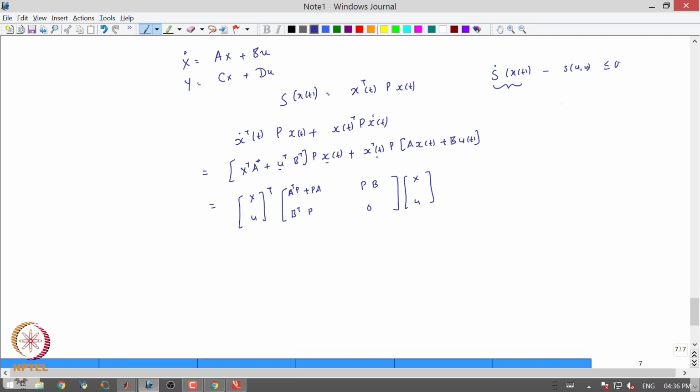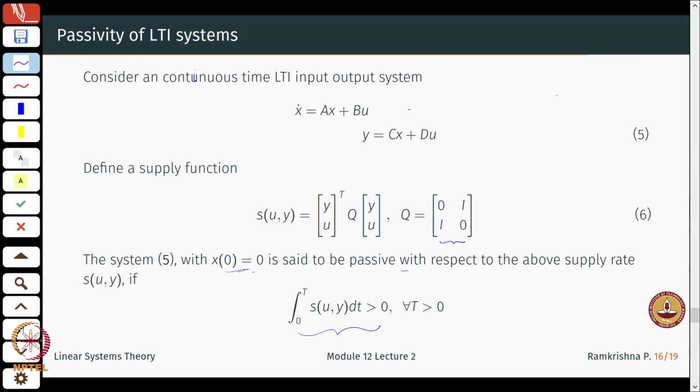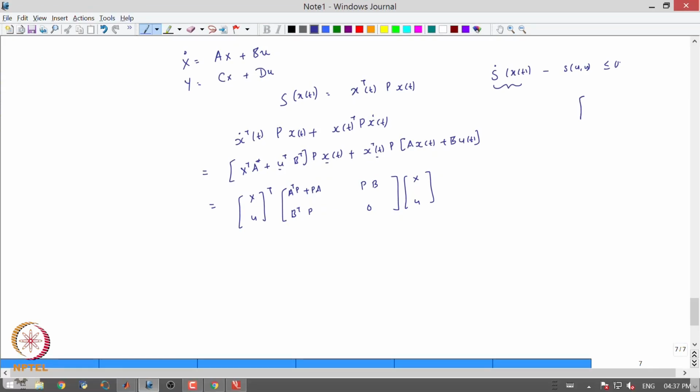And what is my supply rate? The supply rate, the way I define it, is y u transpose times the matrix 0 1, 1 0, times y u.